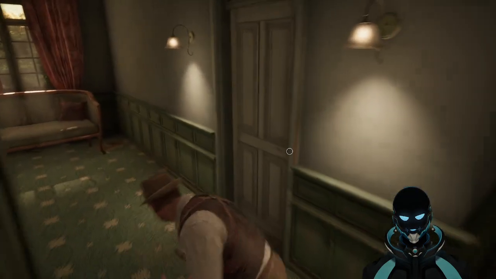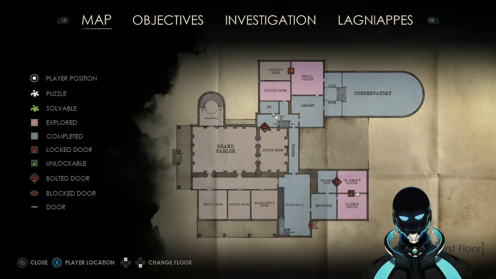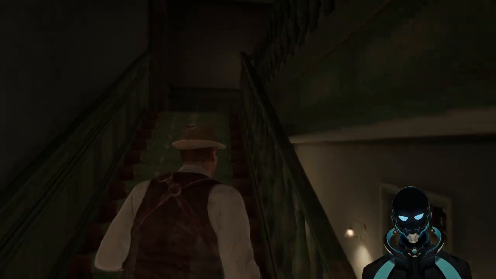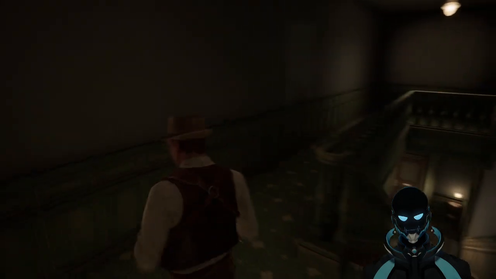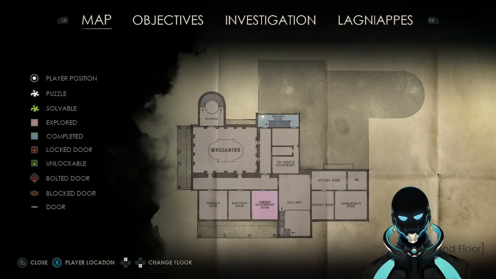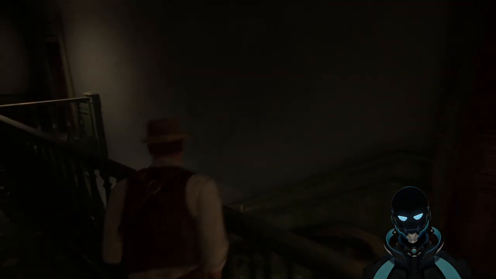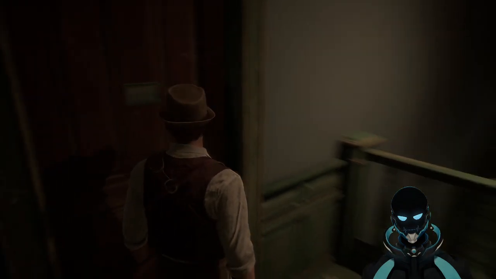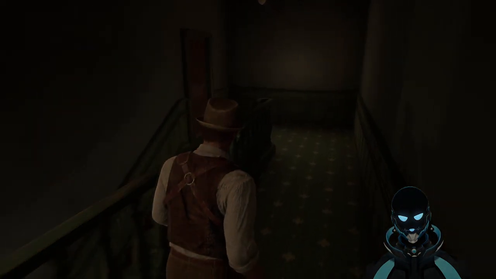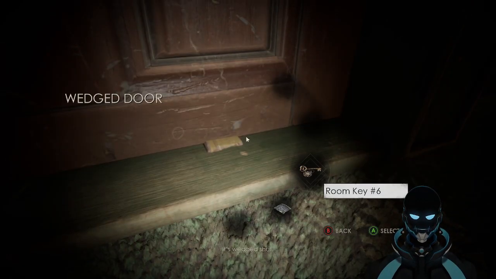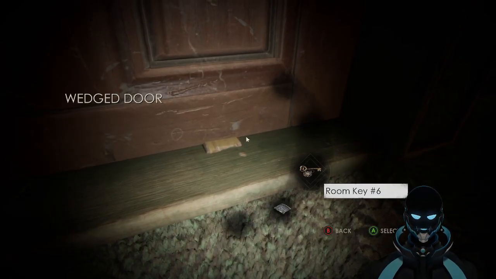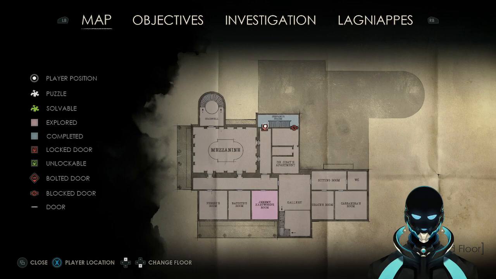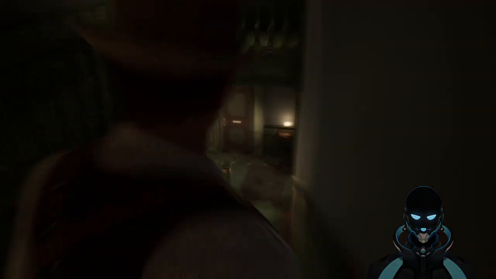Let's go upstairs real quick. Hold on. Just marking things on the map. It's wedged shut. What? So I can't go back? Ah. Other way.